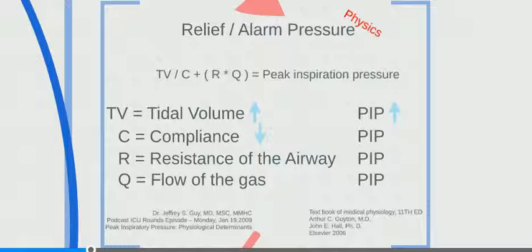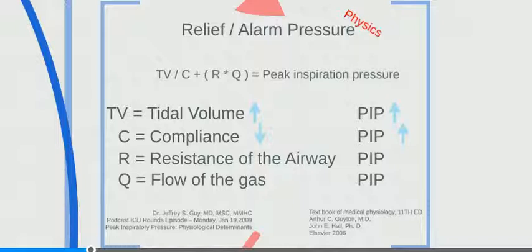Another way we do that is with strap boards, by putting people on backboards and strapping them down, although we don't use backboards anymore, but that's one way to look at it. So what will it do? We lower compliance, we increase peak inspiration pressure.